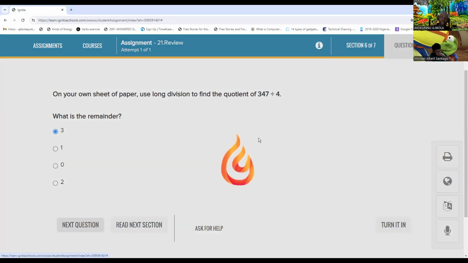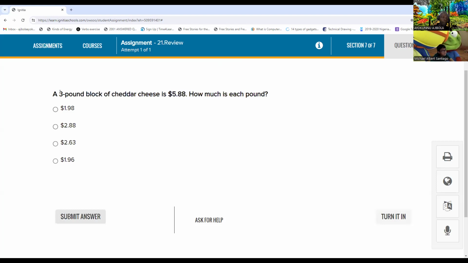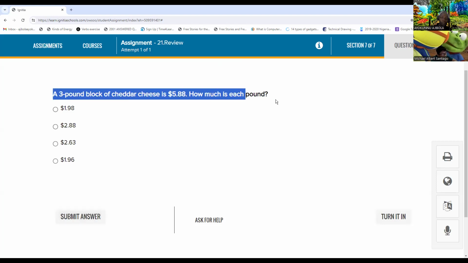Then the next, which is the last question. Read this question, Miggy. A 3-pound block of cheddar cheese is $5.88. How much is each pound? So what are you supposed to do?